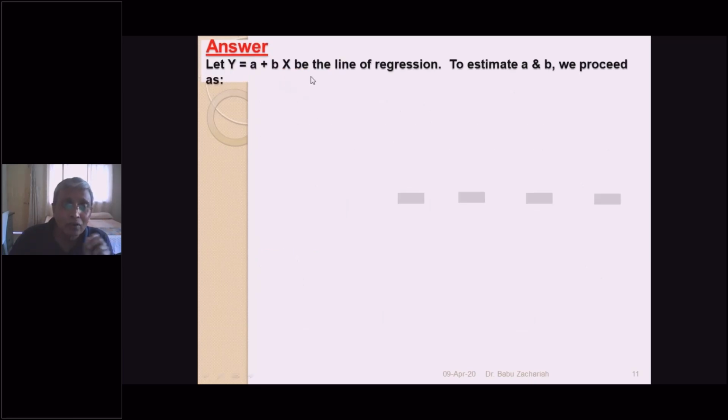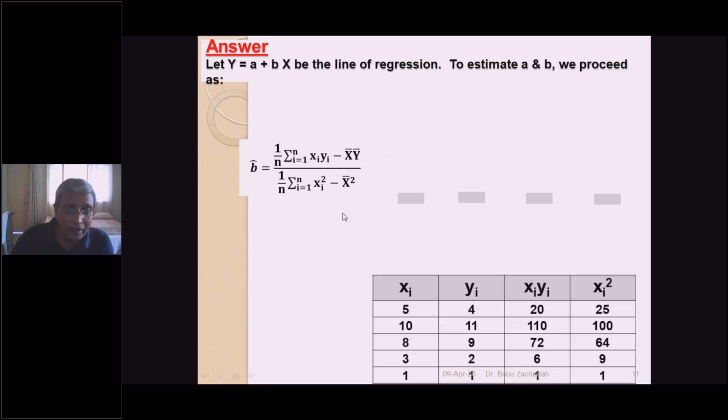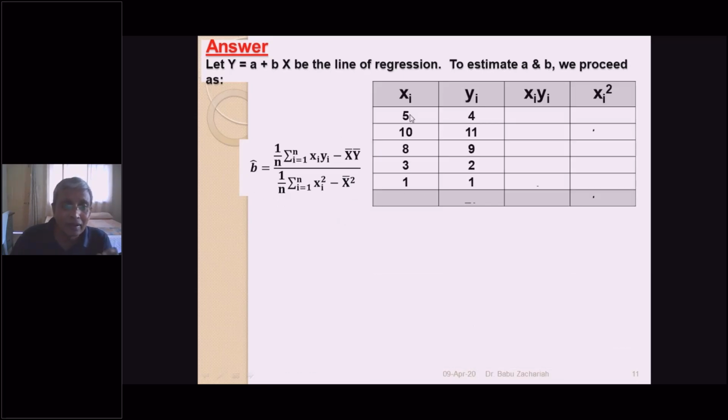Let y equal a plus bx be the line of regression. Estimate a and b. To estimate a and b, we proceed as follows. Now this is our formula for b, and I will create a table here. See, x values are 5, 10, 8, 3, 1, and y, whatever was given there, I have written here.